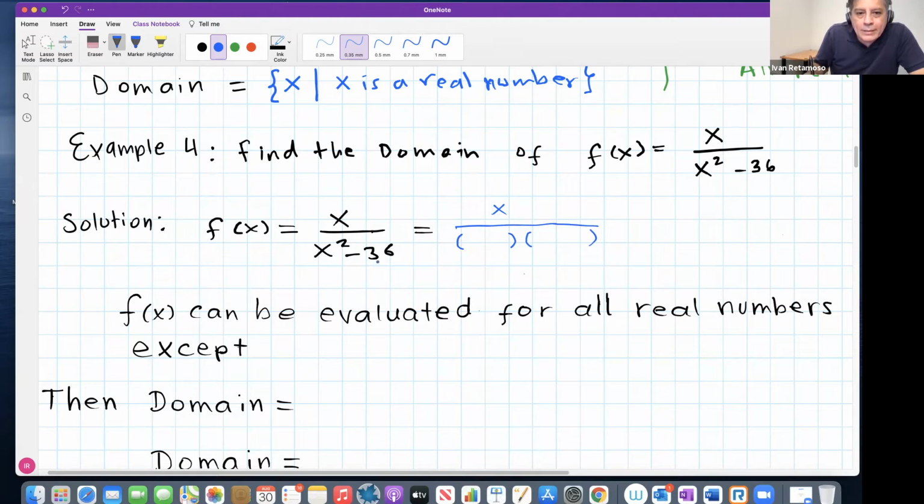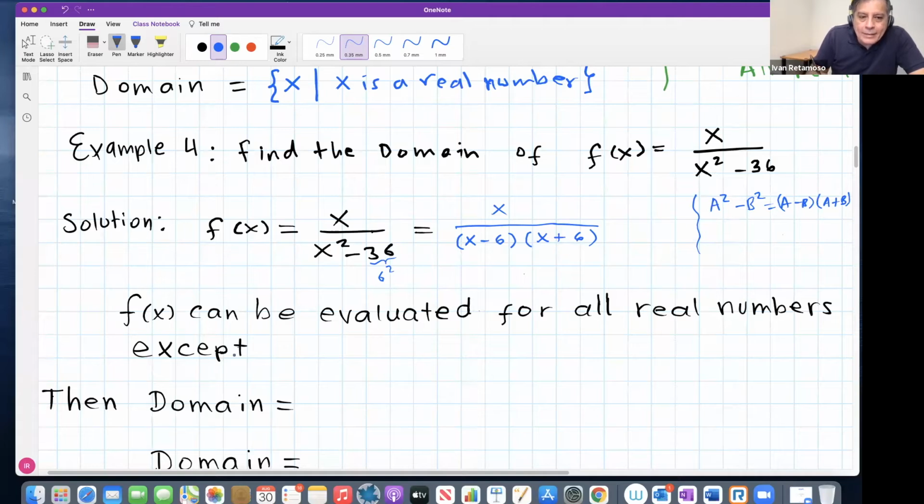X squared minus 36, remember, is factored using the difference of squares. It's a way to factor the difference of squares. This is 6 squared, so x squared minus 6 squared factors as x minus 6 times x plus 6. Great.